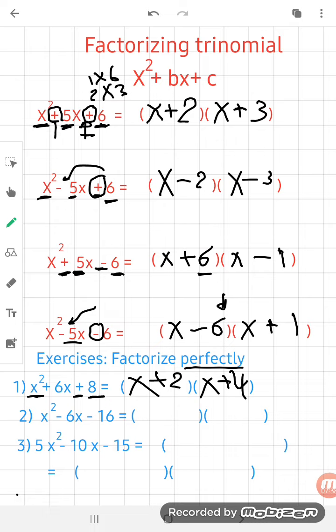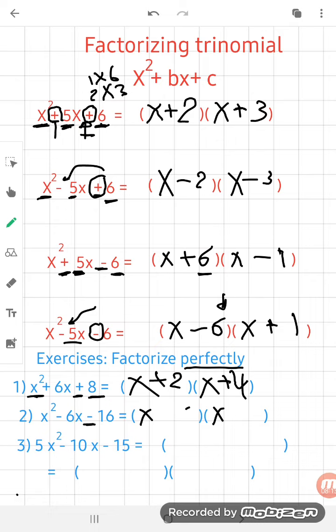Second one, x power 2 minus 6x minus 16. X power 2 is x by x. 16, search for two numbers. The product is 16, and the difference between them, because the last sign is negative, is 6. So how can we choose the two numbers? 4 by 4, 1 times 16, or 2 by 8?